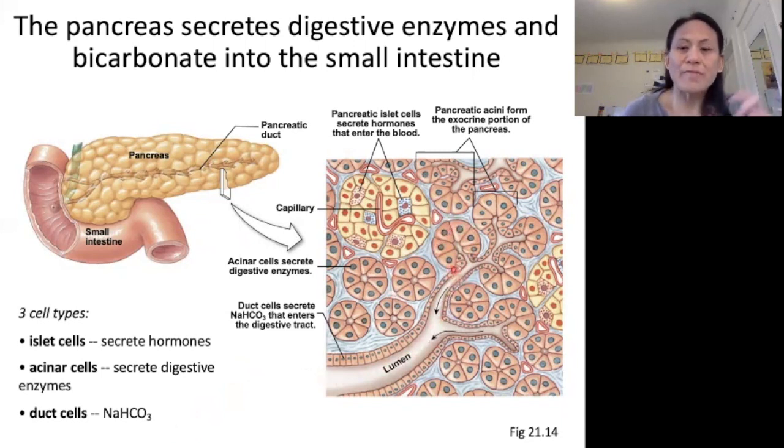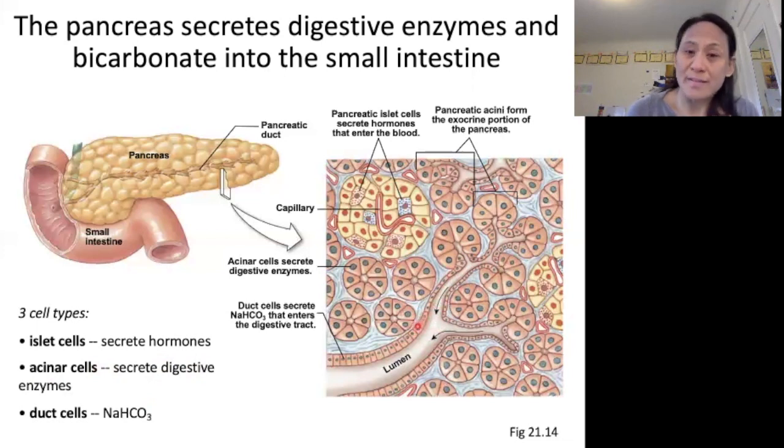Okay, so we have two main cell types that we want to be looking at here in this exocrine part of the pancreas. We have the acinar cells, which are these right here that kind of are along the acini. Those cells are going to be secreting digestive enzymes. Then we have another set of cells, these cells that line the duct that leads to the duodenum.